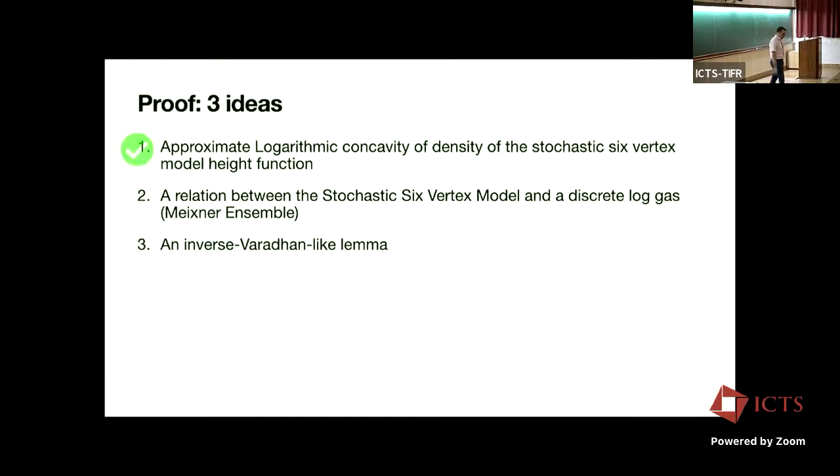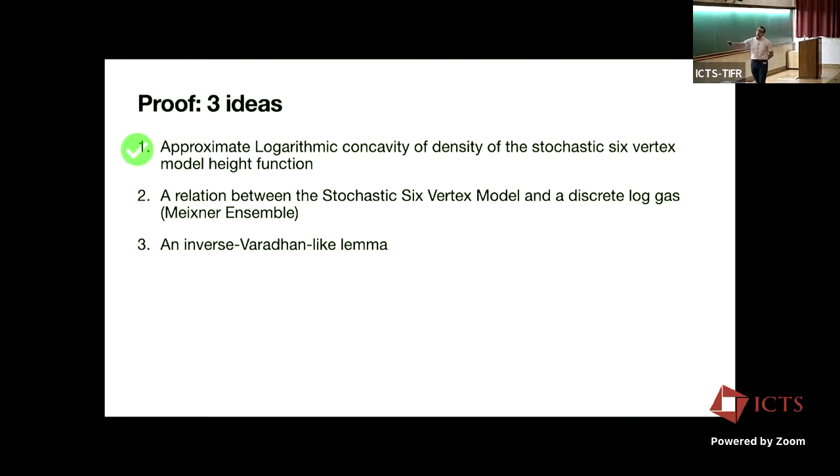What we have established so far is that the height function satisfies, even before taking any limit, for any fixed discrete value, a certain logarithmic concavity property, which basically states that the probability mass function concentrates around a value. You can imagine the statement like this.